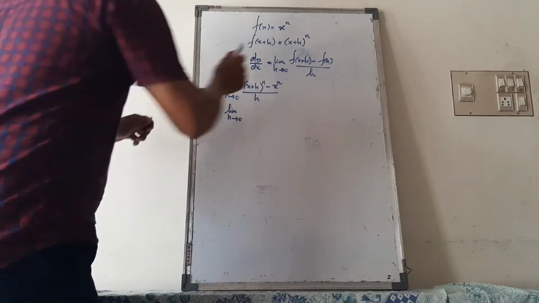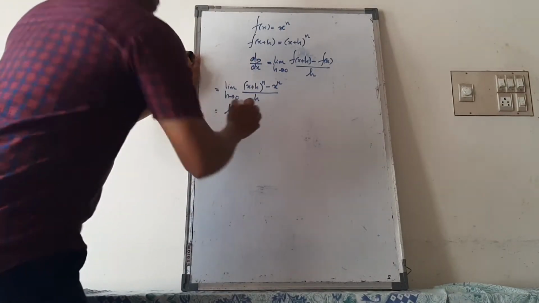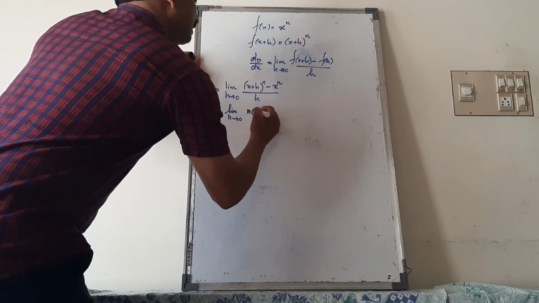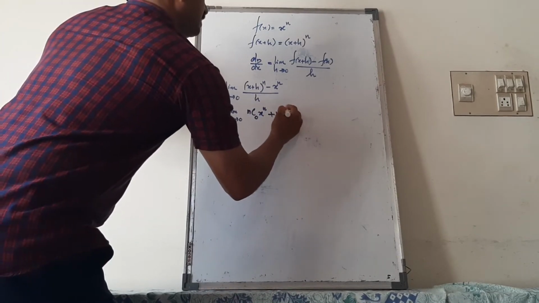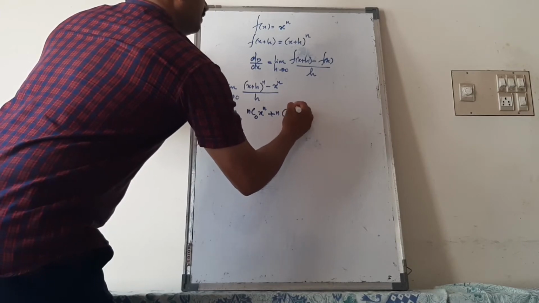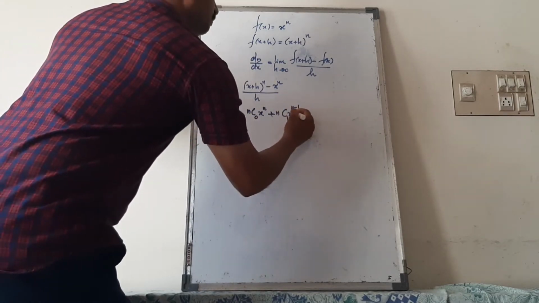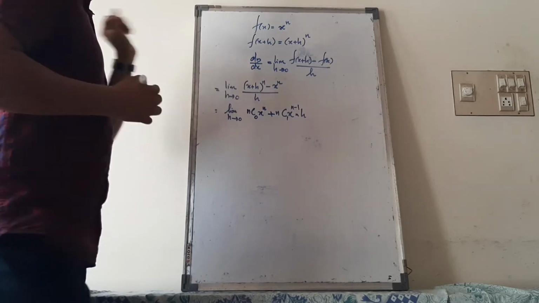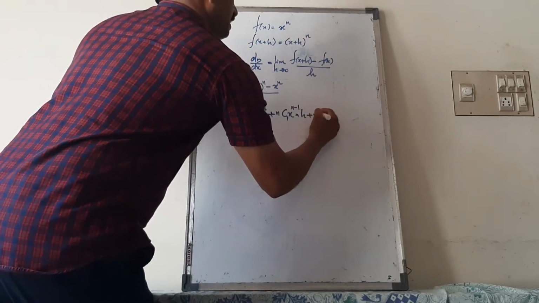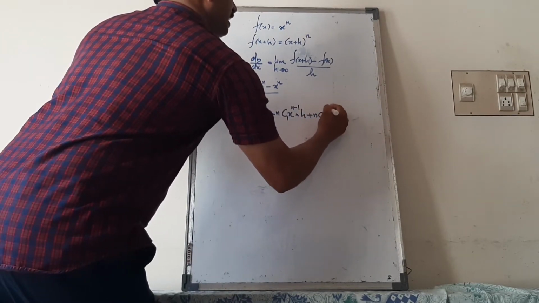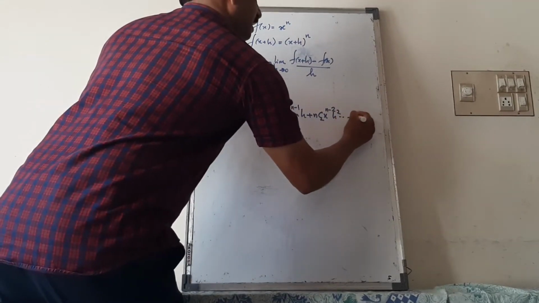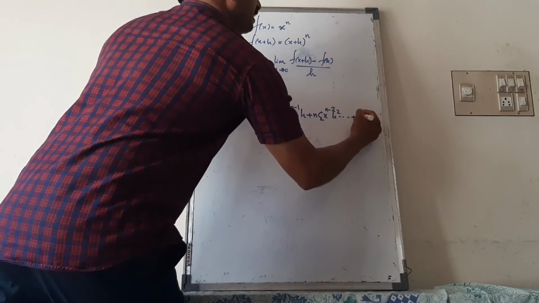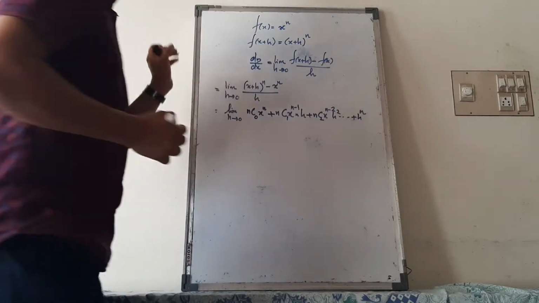Using that theorem, we get x plus h the whole raised to n is equal to nc0 x raised to n plus nc1 x raised to n minus 1 into h, here b corresponds to the value h, plus nc2 x raised to n minus 2 into h square, etc. And our last term is ncn h raised to n.